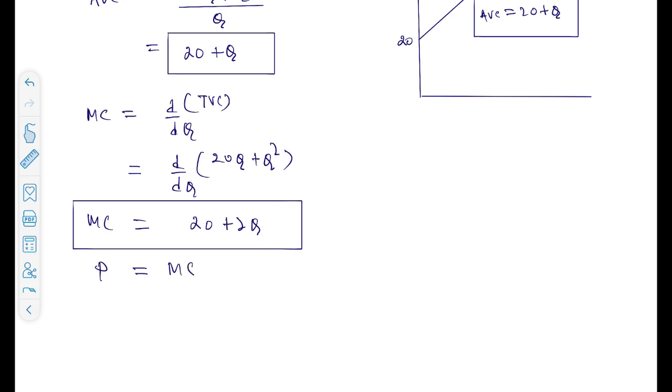In equilibrium the condition is p equal to MC, and for the supply curve you can substitute p in place of MC, so p equals 20 plus 2q. Now separating q, p minus 20 equals 2q, and q would be equal to minus 20 upon 2 plus 1 upon 2 p.